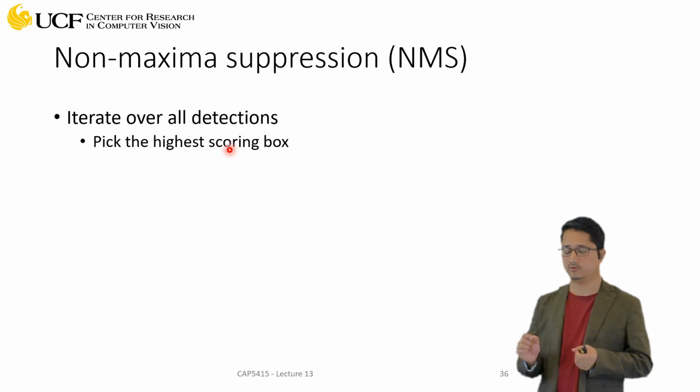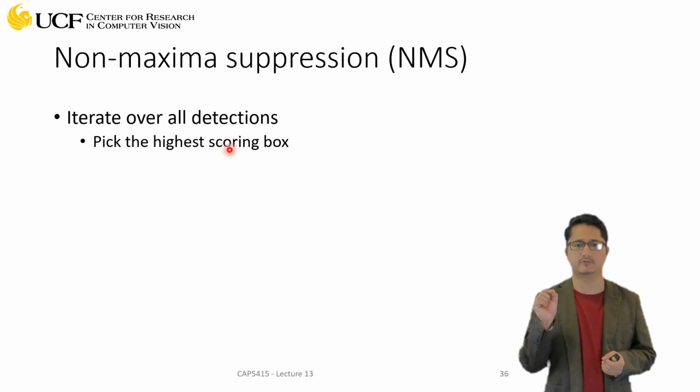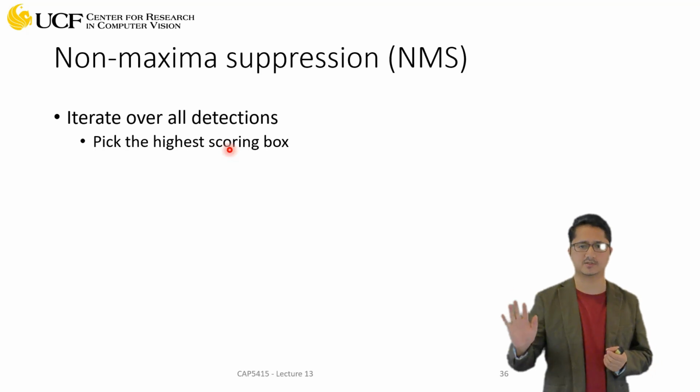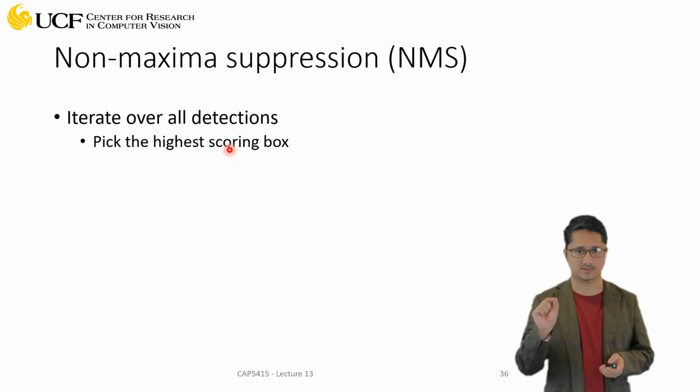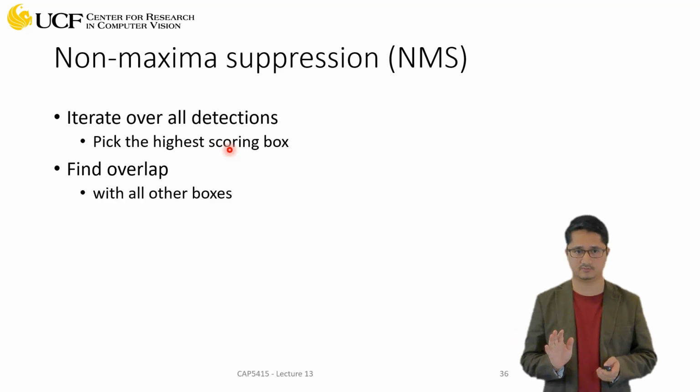You go to the bounding box where your model is very confident, saying 100% this is a person. You start with that. Then you take that bounding box and compute the overlap of that bounding box with all the other detections.